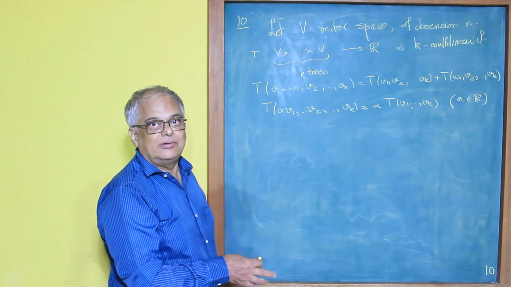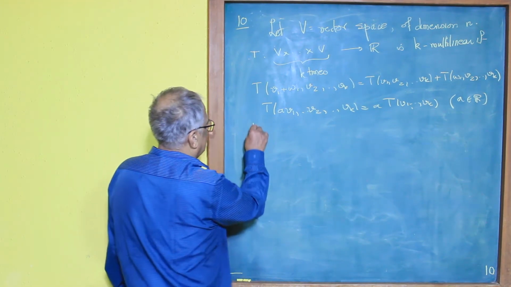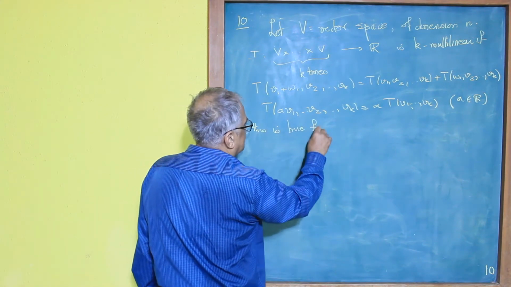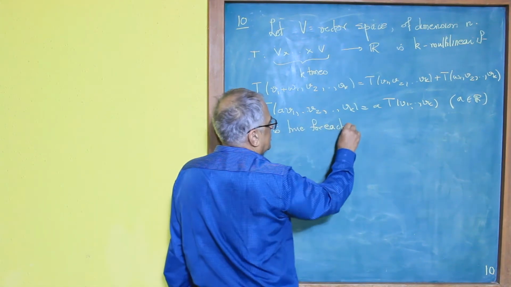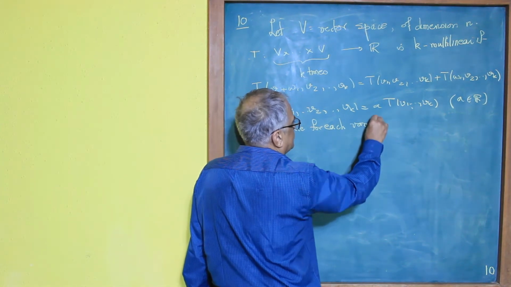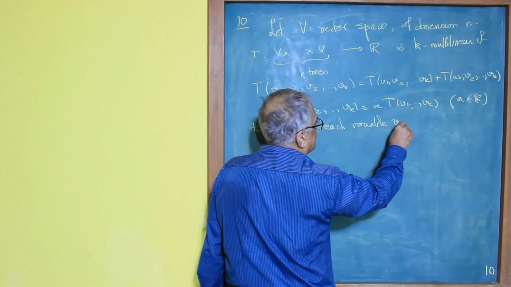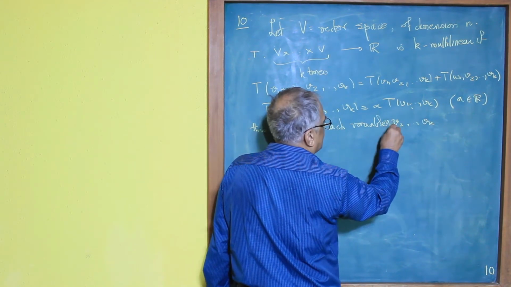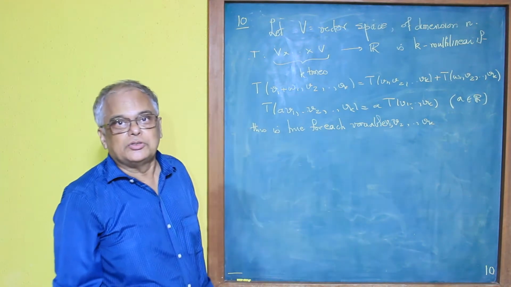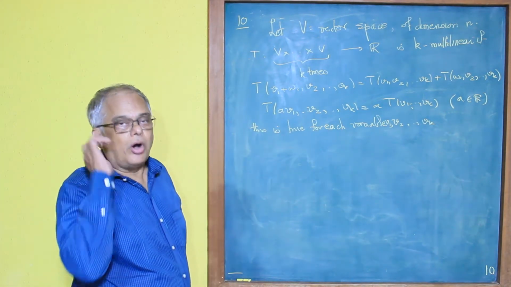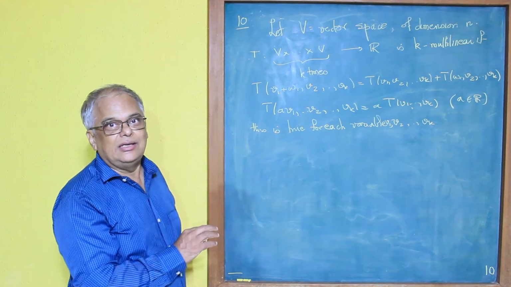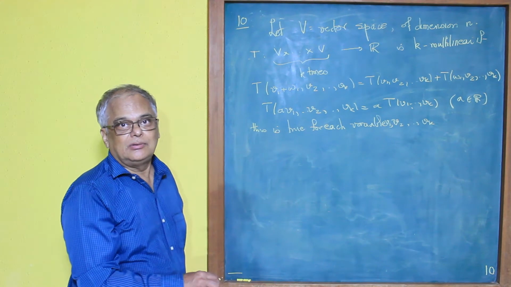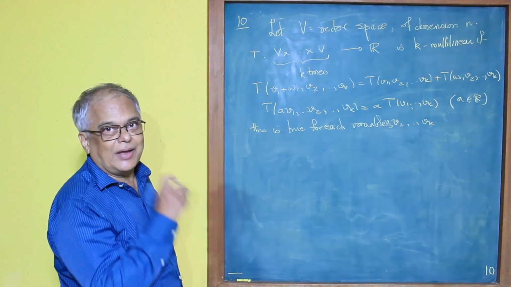And this must happen for each of the variables V1, V2 up to Vk. So when you keep all the other variables fixed and look at T as a function of one variable, then as a function of that one variable, T is a linear map.